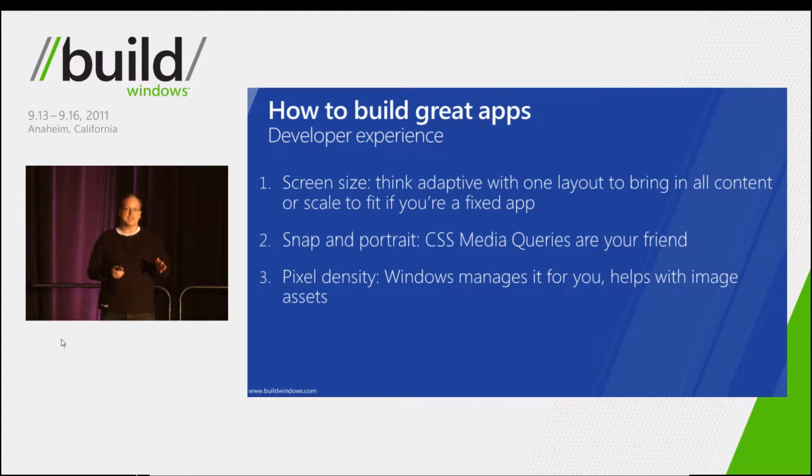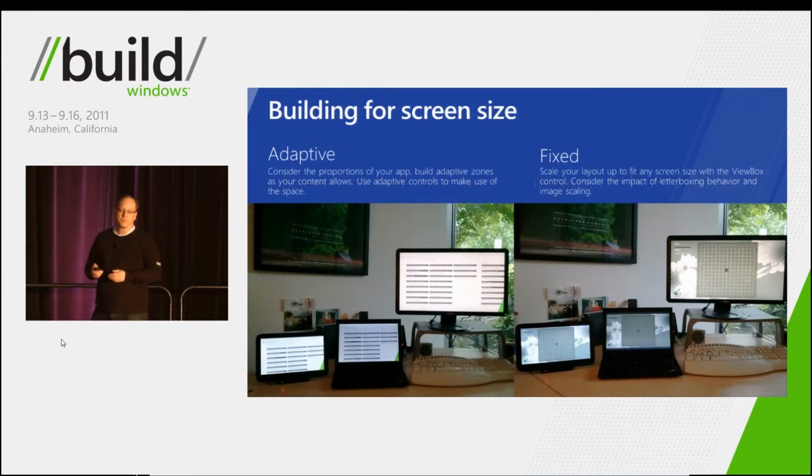They make it very easy to tailor for these specific views. And for pixel density, Windows is doing most of the heavy lifting for you. And if you have image assets, Windows also makes it very easy to load these for the targeted scale factors. So with that in mind, let's start talking about building for screen sizes.